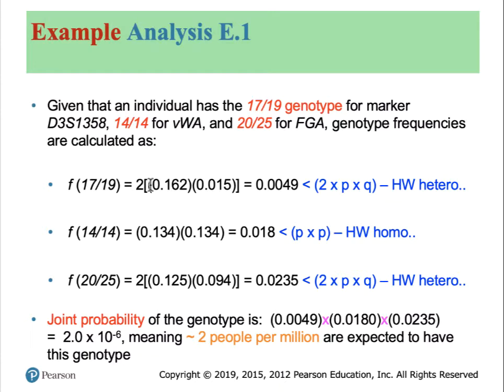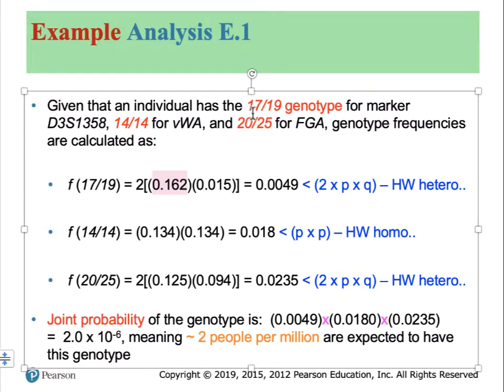In this example, we take the frequency of the 17 allele, multiply that by the frequency of the 19 allele, times that by 2, and we end up with a number. We do the same thing for the second locus, the VWA, and we find that the 14 is present in the population at 13.4%, and because it's p squared, we use that number twice, the same number for each allele.